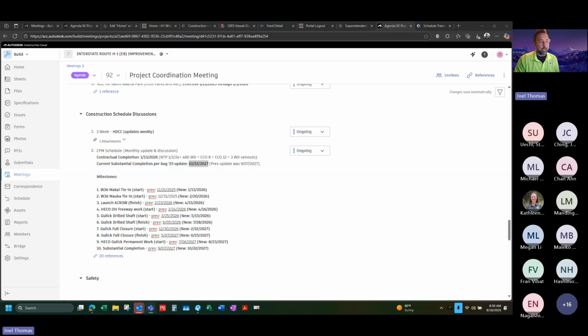Well, I think the more time you can dedicate, the better, because at the end of the day, all everyone truly cares about is when this project is going to get done. We all know that on the upper management side of HDOT, they always want to know what's going on with this project and when it's going to be done. If you can clearly explain what's going on and why there are delays, that helps.